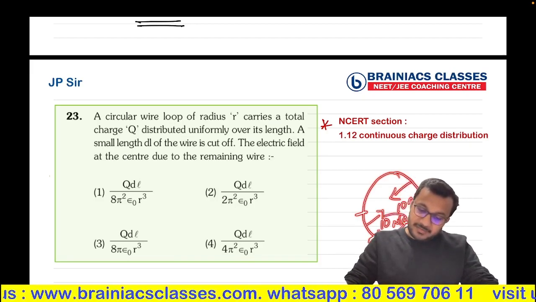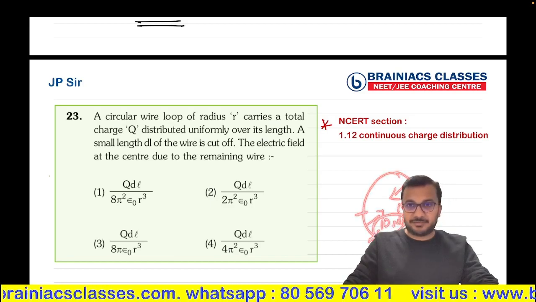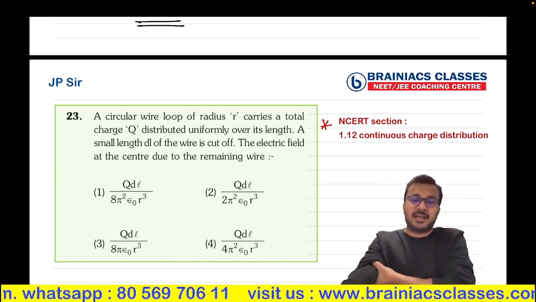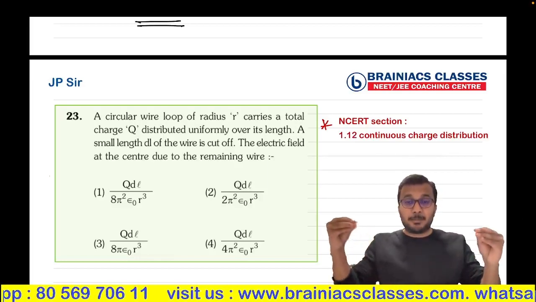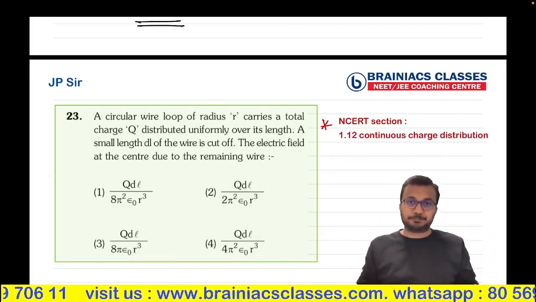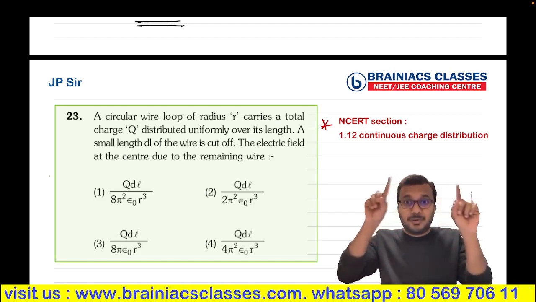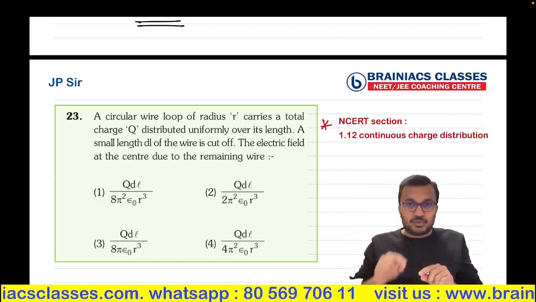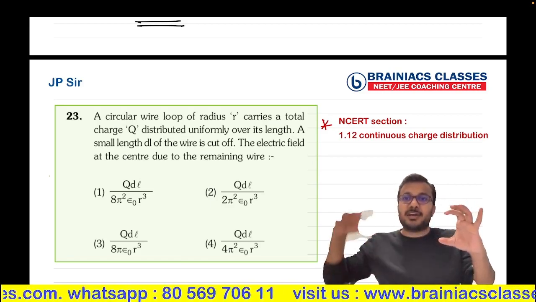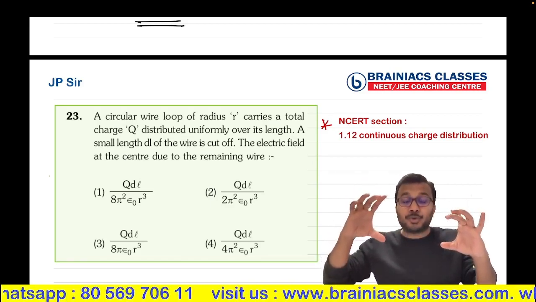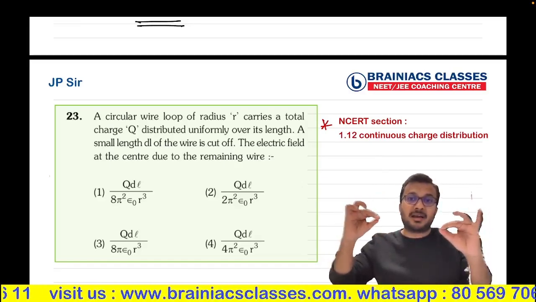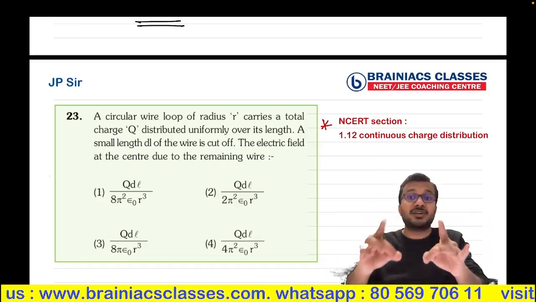So the electric field value of this small piece is equal to the electric field value of the bigger piece, and it is equal but in the opposite direction, because for a full circle, the electric field at the center is equal to 0. So if you have a small portion and a bigger portion, both give the same electric field, but they act in opposite directions.